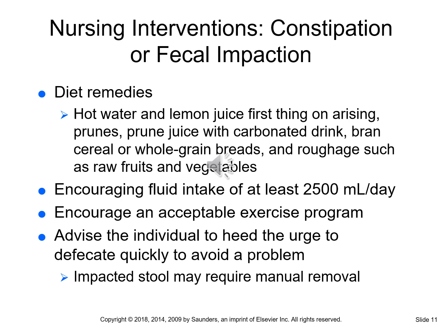A normal healthy adult should be drinking at least 2,000 to 2,500 mLs a day. Again, if they can exercise, make sure the physician approves any exercise program that they might be on, but get them moving, exercise, walking, like we said, 20 to 30 minutes, at least 3 times a week if possible.